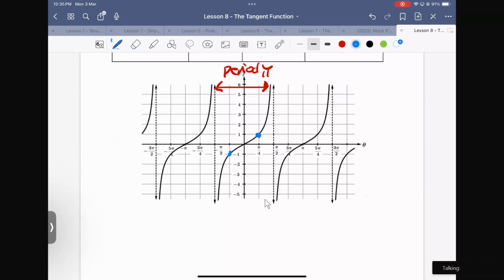So the first asymptote is going to occur at pi over 2, that's this line here, plus periods of n pi, where n is an integer. So asymptotes occur at the x-coordinate pi over 2 plus n pi. This is how we can define the periodicity of the asymptotes.